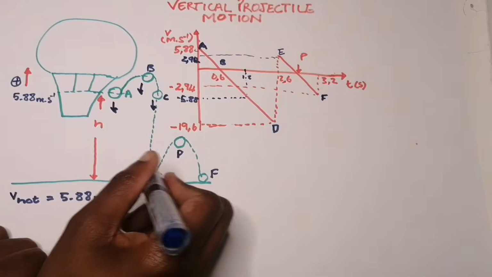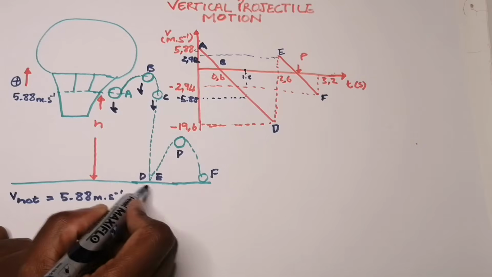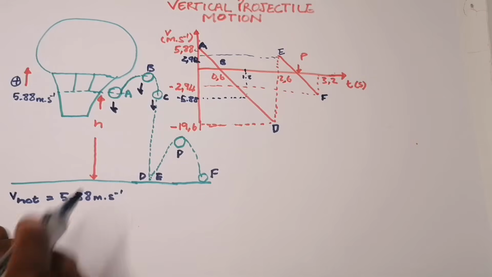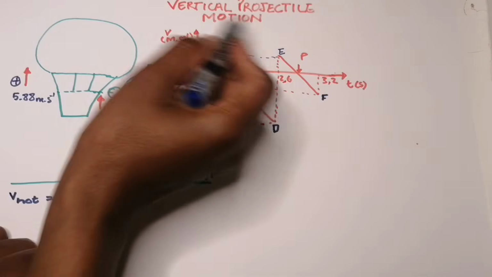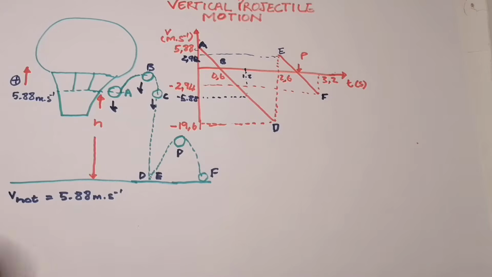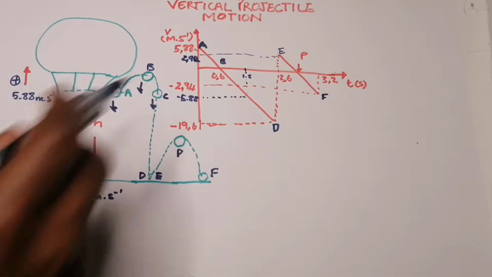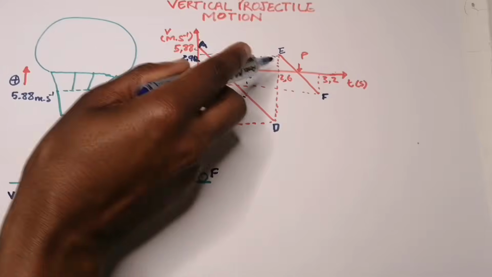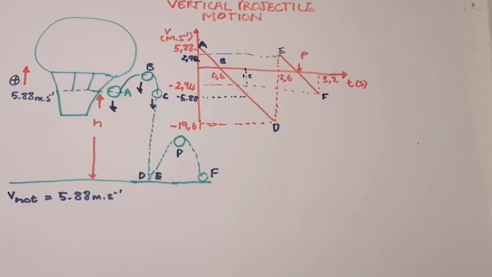The only time our acceleration will change is when it touches the ground, which would not be under vertical projectile motion. It wouldn't be free fall because there's another force other than gravitational force. So the gradient underneath that graph would actually be the acceleration, so it would be minus 9.8, and the only reason it's negative 9.8 is because we've taken up as positive, okay?